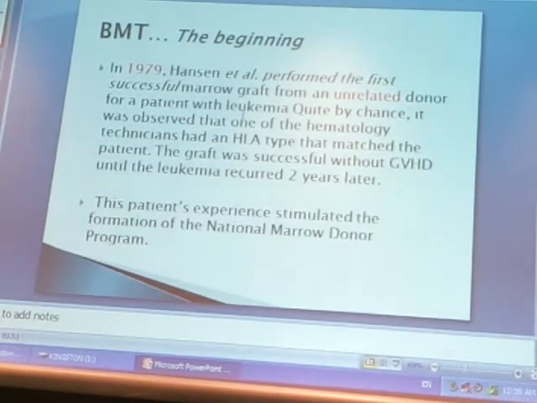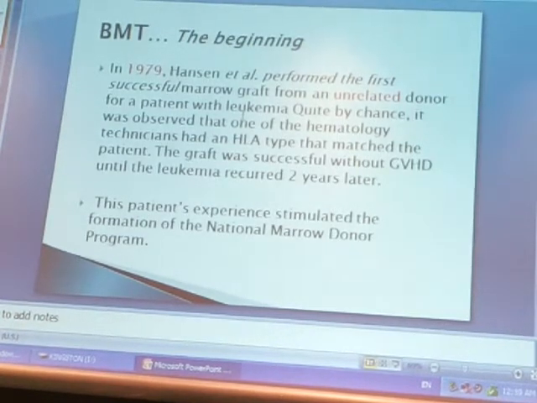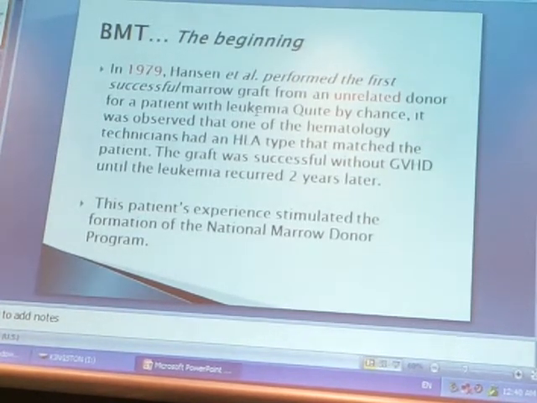First, they started with related donors with full matched HLA system, and then the unrelated matched donors, and they were successful with some more complications due to chronic or acute graft versus host disease.